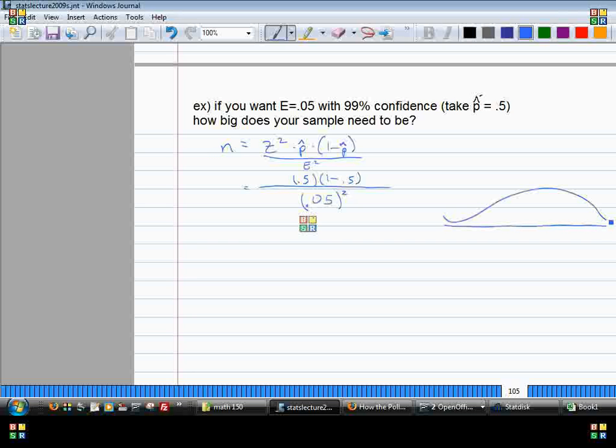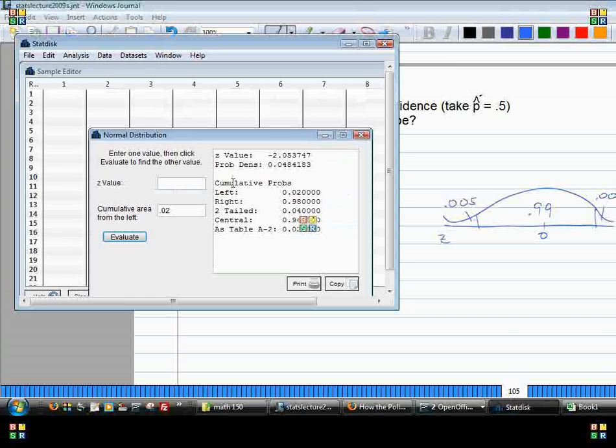So here you've got the picture. And what do I put on the picture? .99 is the middle area. And once we know that, what else do we know? Right. It's .01 split in half, so it's .005 in each tail. So go in here, area to the left is .005, and there's your z-score, 2.5758.